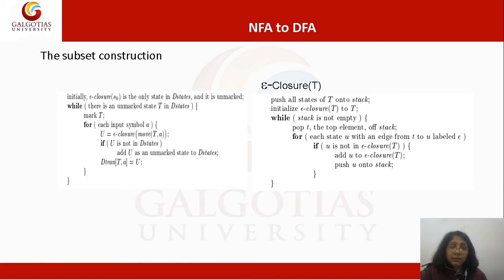As the stack is initialized holding all the states which are part of T, we are going to perform pop operations, which means we get the topmost state which was pushed in the stack.